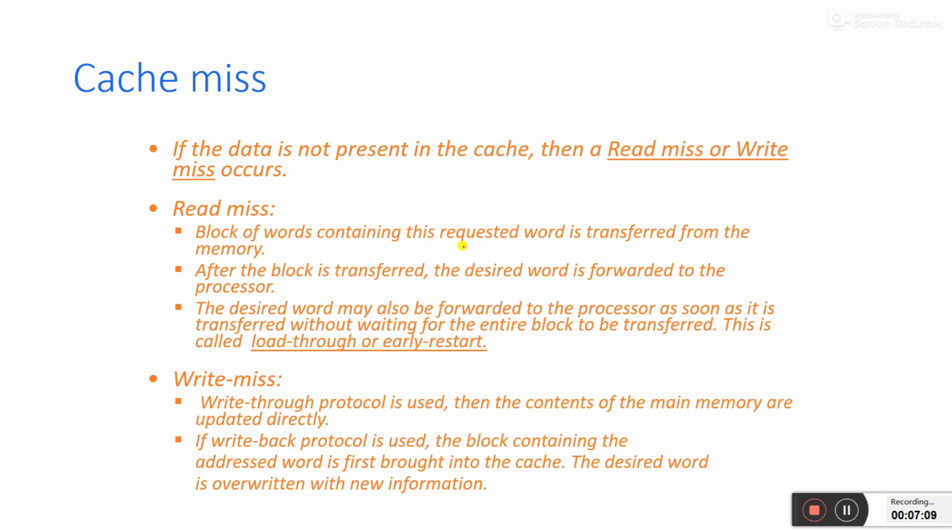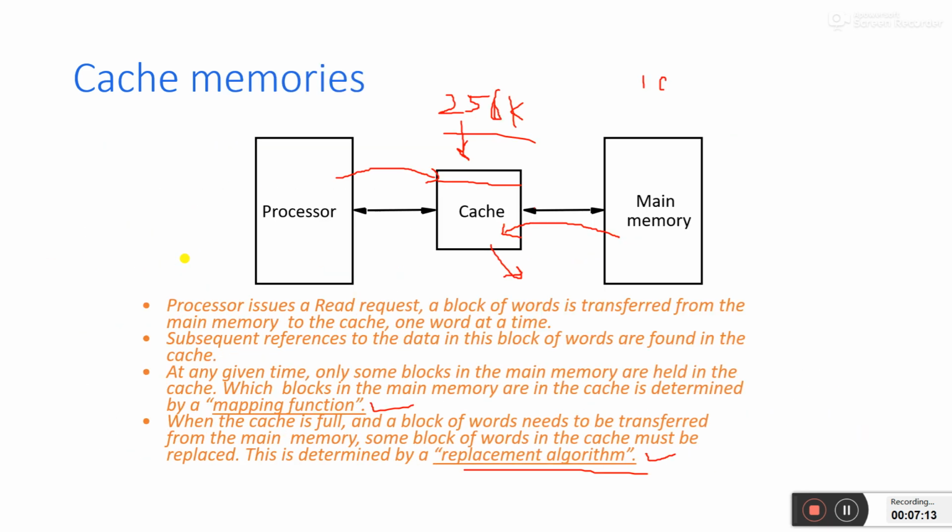A block of data containing the requested word is transferred from the main memory. Whenever there is no data in the cache, it is a cache miss, and in that case the processor jumps directly to the main memory, takes the block of data to the cache memory, updates the cache, and then accesses the data.